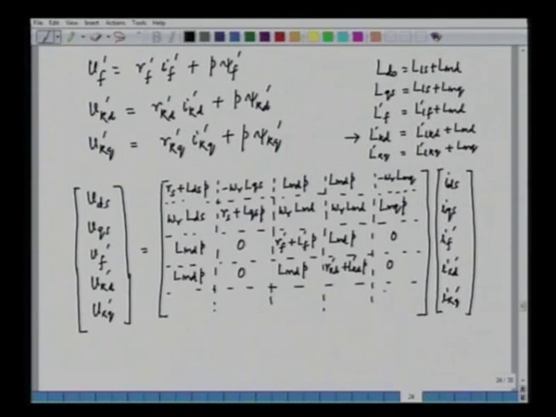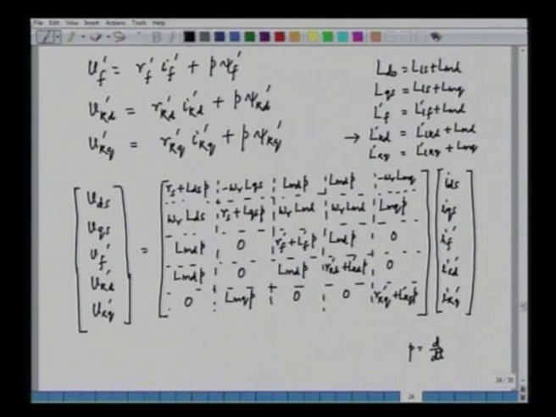The fifth row would be for the Q axis damper, RKQ prime plus LKQ prime P. P is the derivative operator, as we know, and this will have the coupling with the stator winding, that is LMQP, and there is no rotationally induced EMF. So, we can put this equal to 0.